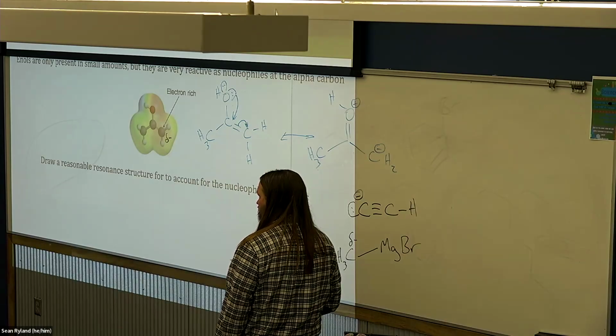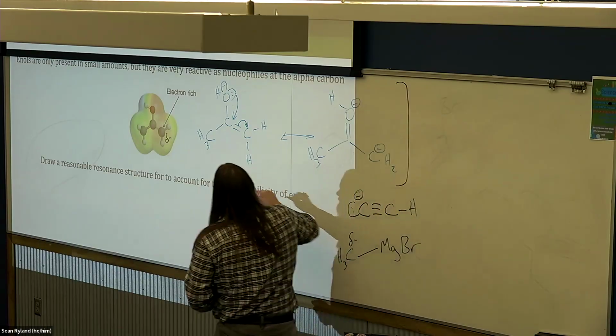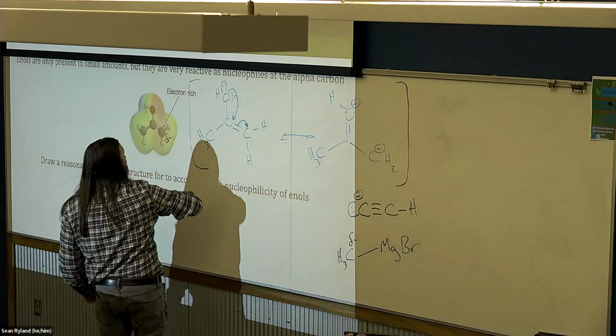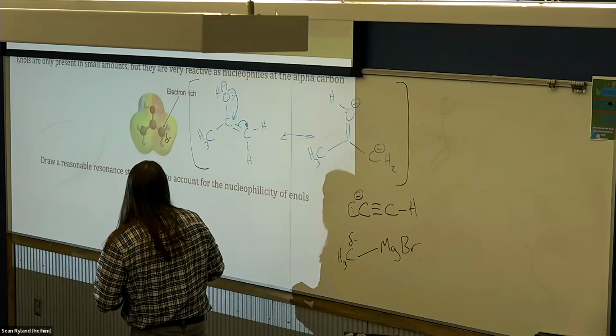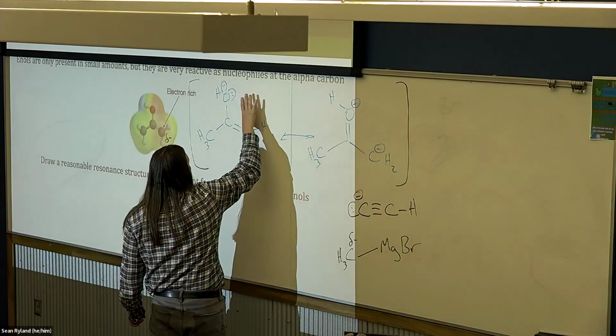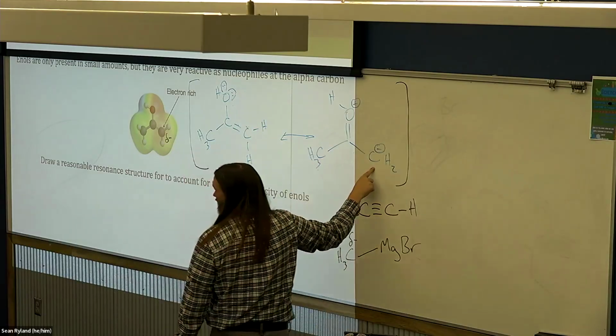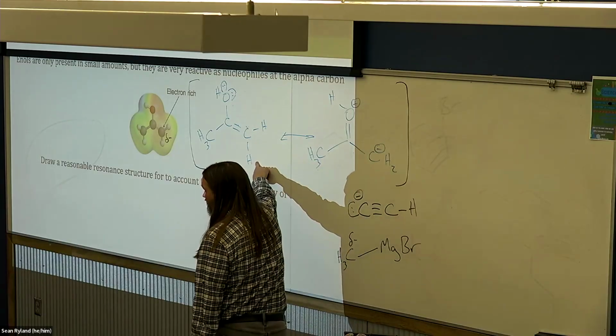But it's not a partial negative. Remember, this is a resonance structure, right? So really, it's both of these simultaneously. Even though one of our resonance structures has a full charge on it, we're mixing this resonance structure with that resonance structure.